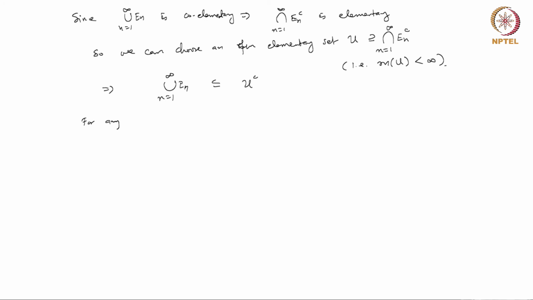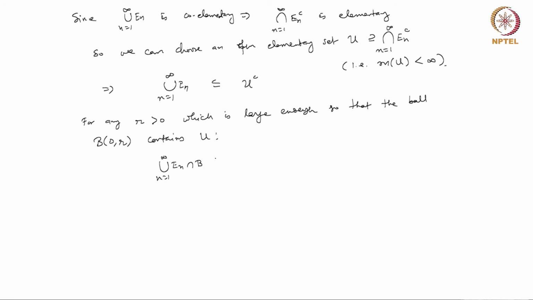Now for any R greater than 0 which is large enough, since U is a bounded set, we can always find R large enough so that the Euclidean ball with center 0 and radius R contains U. For this R we have the intersection En intersection B(0,R).